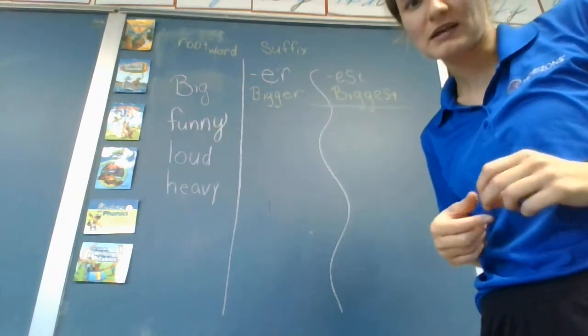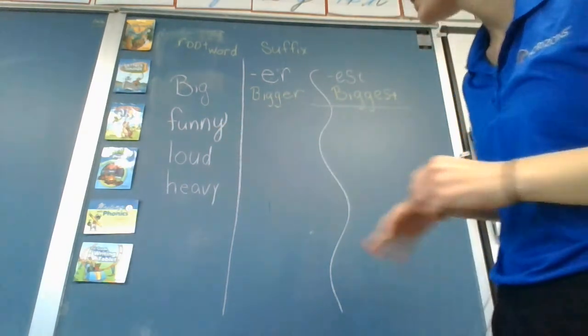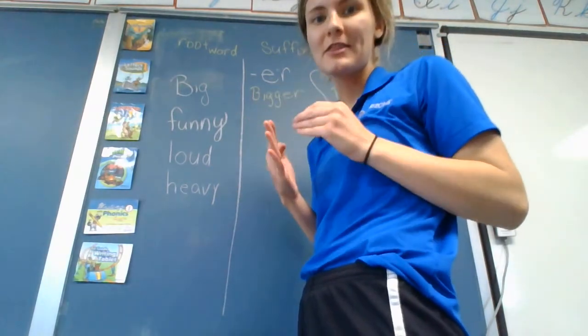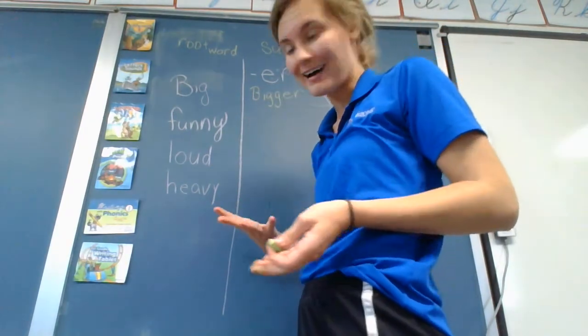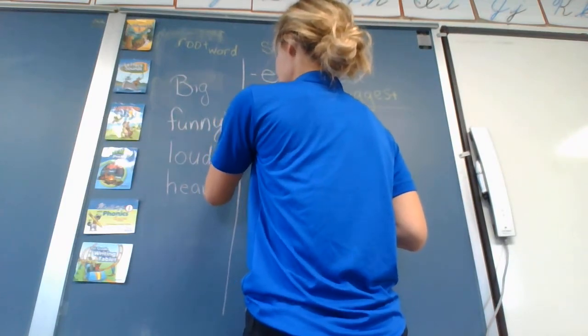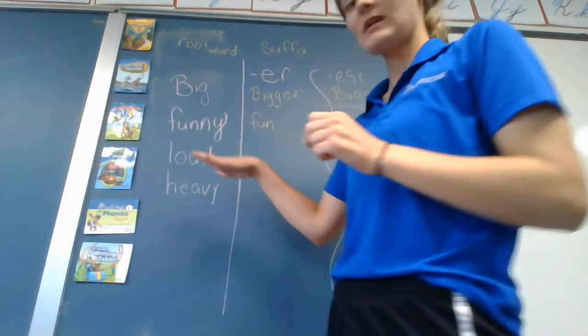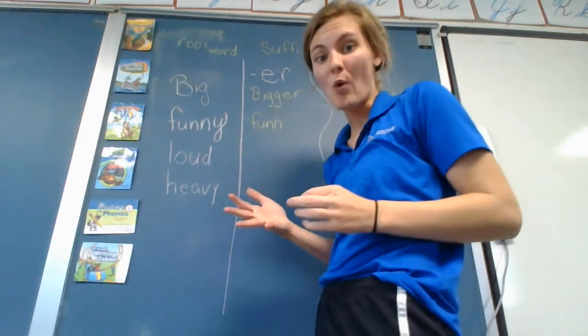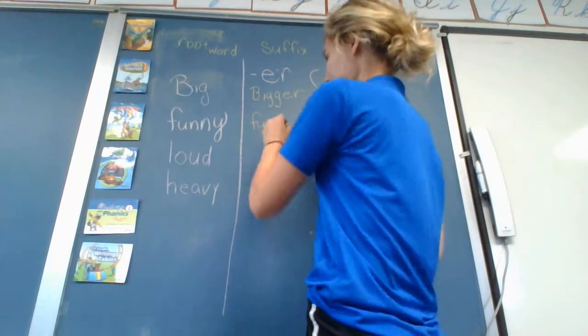What about funny? What do we do with funny? Well, we'll write our word, but we're going to drop that Y and make it an I. So for funny, we write fun. And then we write another N. Instead of writing that Y, we're going to write an I and then put our ER.